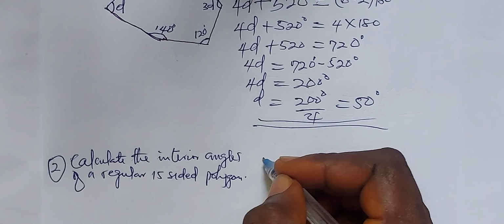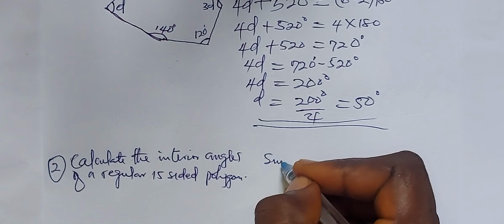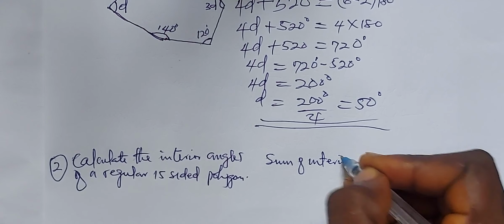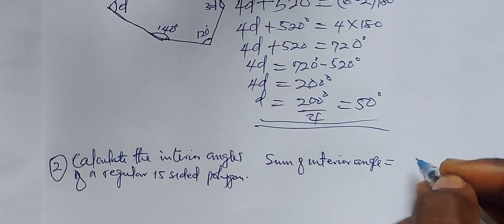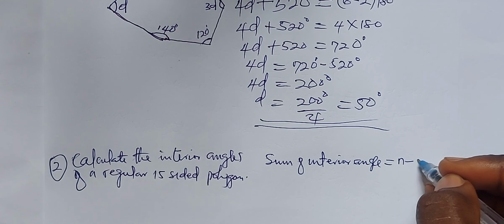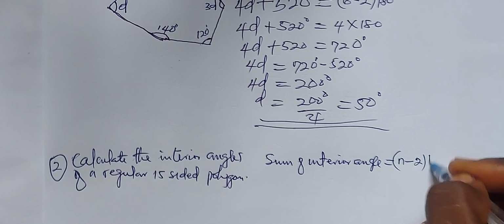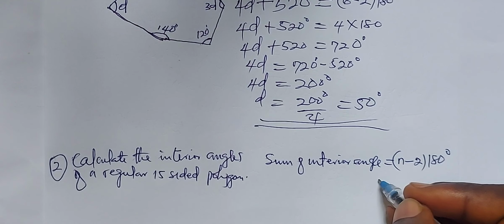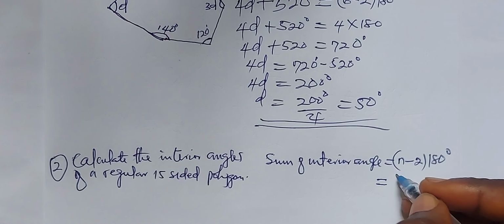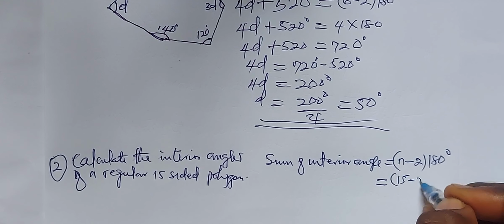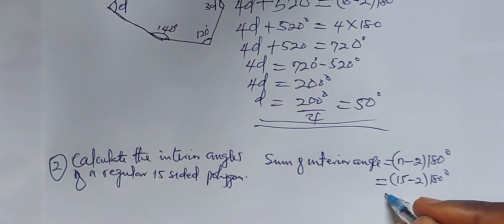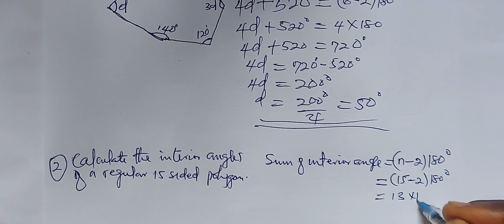We now have the sum of interior angles equals (n minus 2) times 180 degrees. And so our n is 15: (15 minus 2) times 180 degrees. So we have 13 multiplied by 180 degrees.